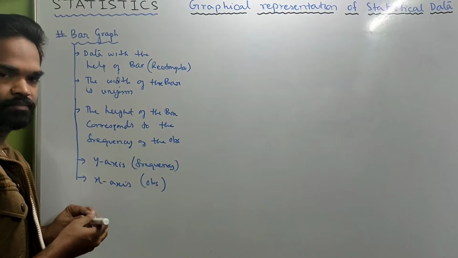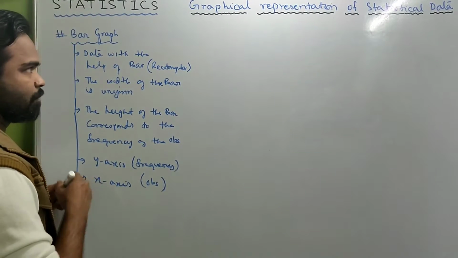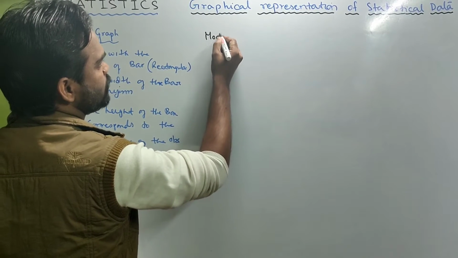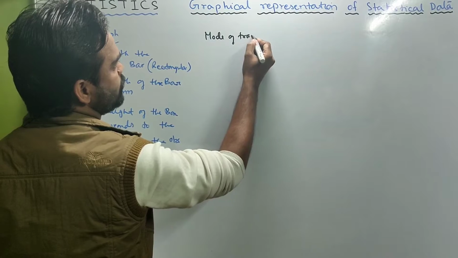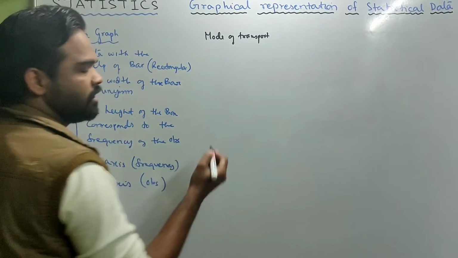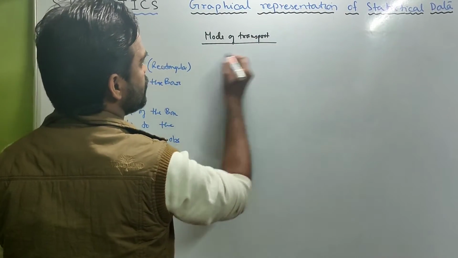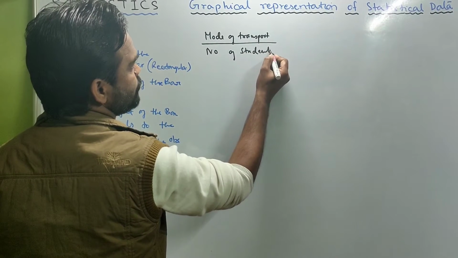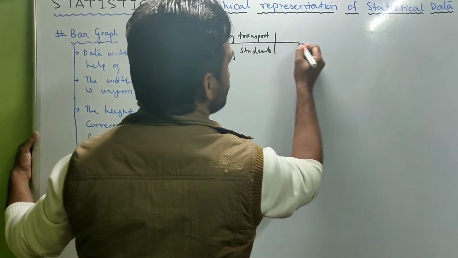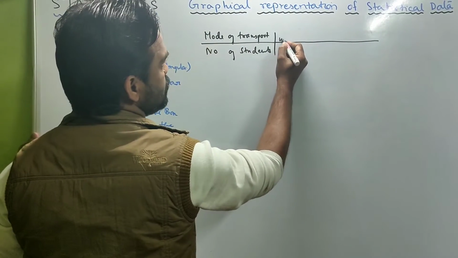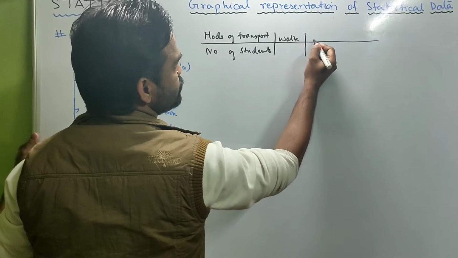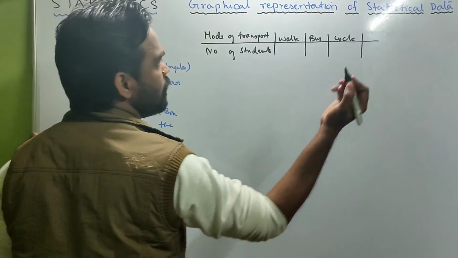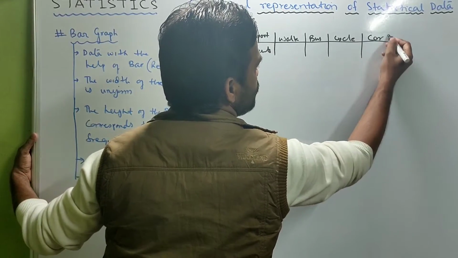I'll take an example and we'll see. For example, suppose we have a mode of transport which students are taking to go to school. Number of students. Suppose they go by walking, they take the school bus, they use a cycle, or they use a private car.